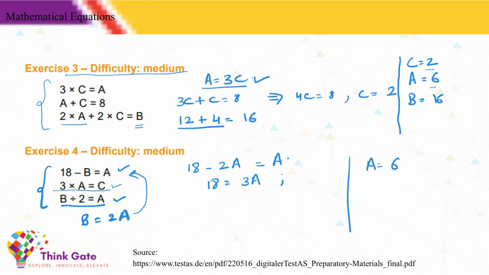Now if a is equal to 6, what will be b? b is 2a, so it becomes 2 times the value of a, so b is 12, and out of here we need to extract the value of c. Now what is c? c is 3 times a, which is 6, so c becomes 18.